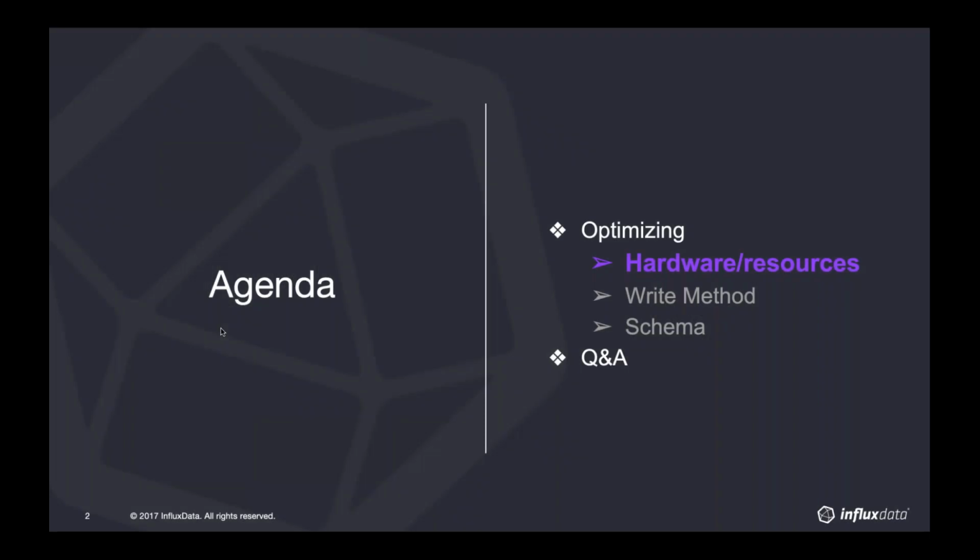Let's get started. So the agenda for this, there's a lot of meat inside of these categories, but basically it's the following. We're going to talk about optimizing, obviously. I will touch briefly on hardware and resource consumption. There's not a lot to be said there, but I will have a slide on that. The meat of this, however, is about the way you write data to Influx and the schema that those writes imply.